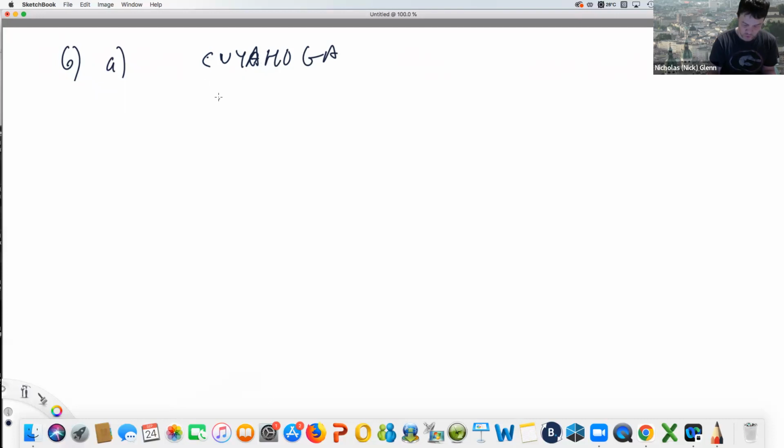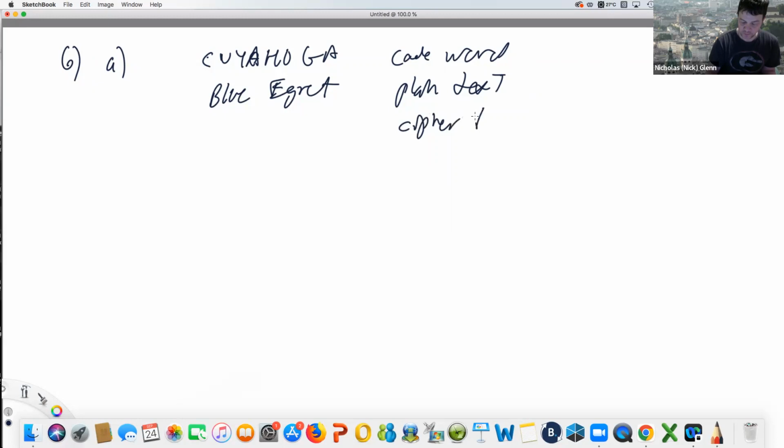So this is your code word. The plain text is blue egret. You want to encrypt it in form of ciphertext, so that is something you can't read.